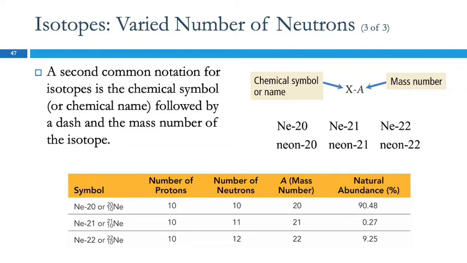Now, you can make pure or almost pure neon 20 by selecting out the other ones. It's not easy, it's not cheap, but you can do it. So that's not naturally occurring anymore. And these numbers are definitely not exact. They're not exactly the same, but they're remarkably close.